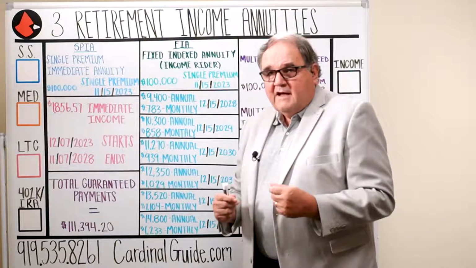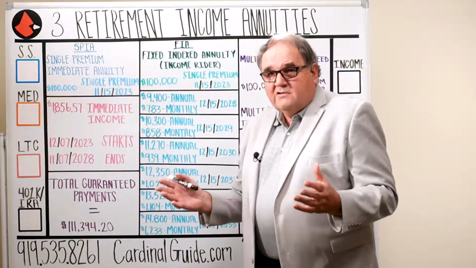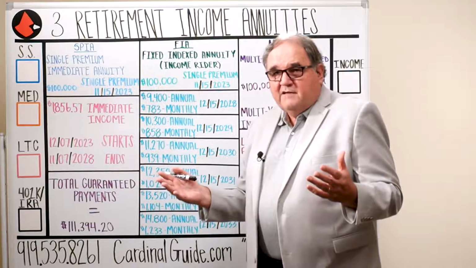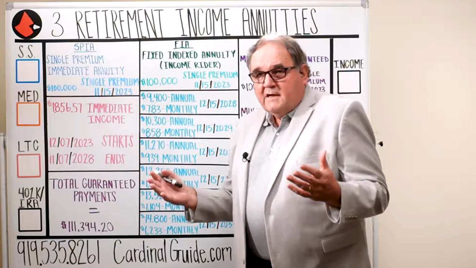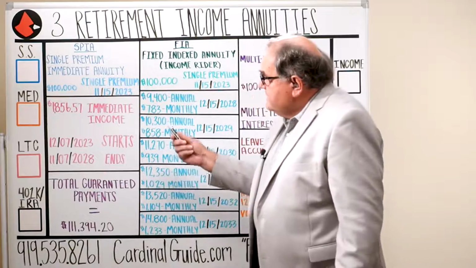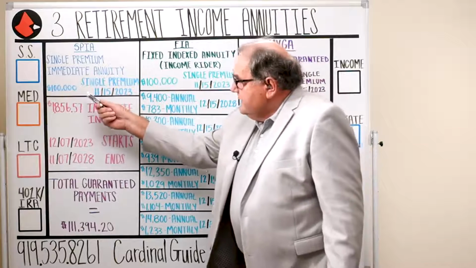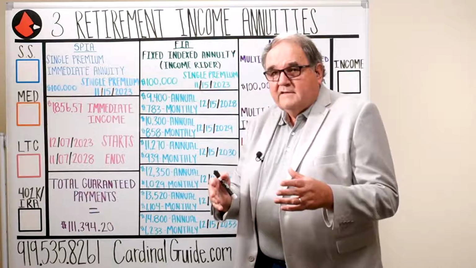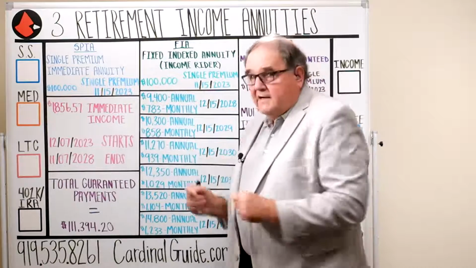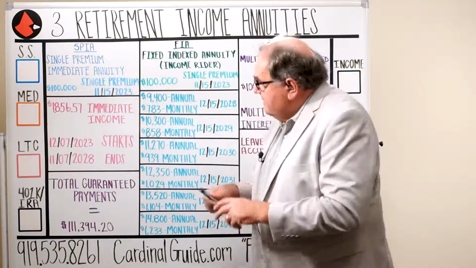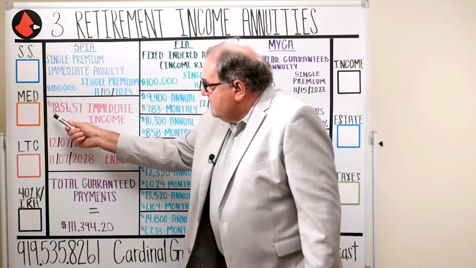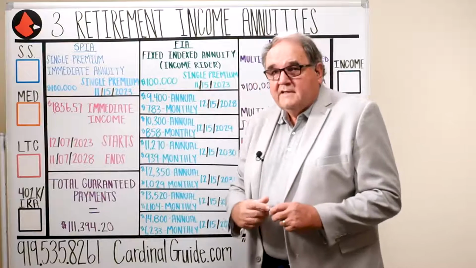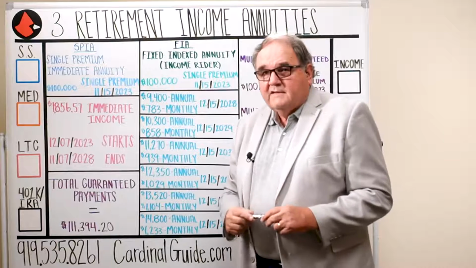So if they have a relatively large IRA, and what counts as large is person dependent, relative to all their assets, in this example they can take $100,000 of their IRA at 65 and move it to this SPIA, and it will kick out a check for $1,856.57 for 5 years until they're 70.